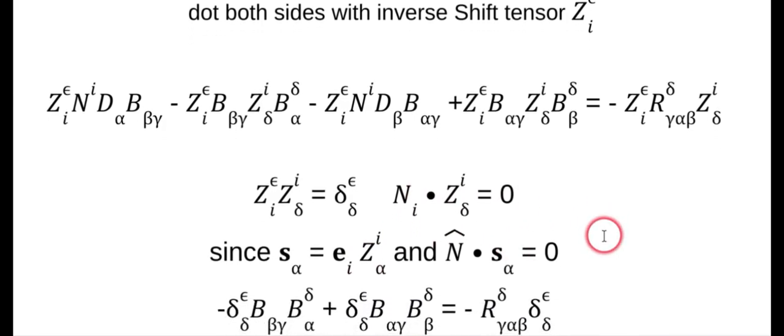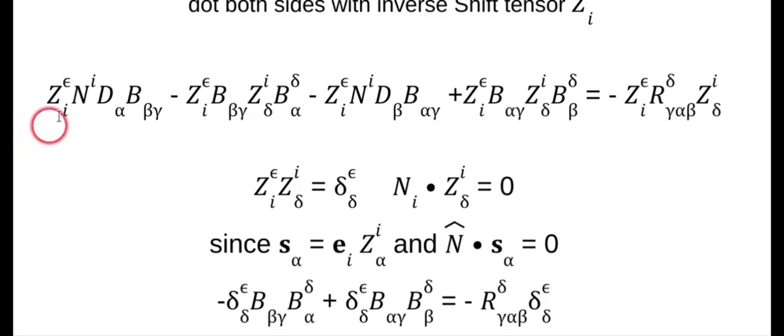Okay, so we can put these 2 things in all of this stuff that we just did. So as an example, in this one here, we're going to get a Kronecker delta here, a Kronecker delta here, and a Kronecker delta here.